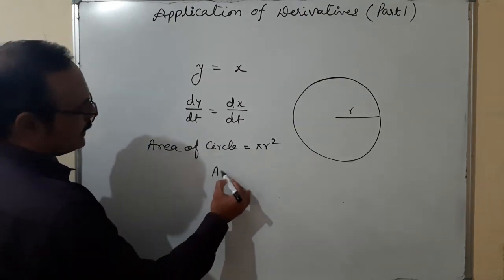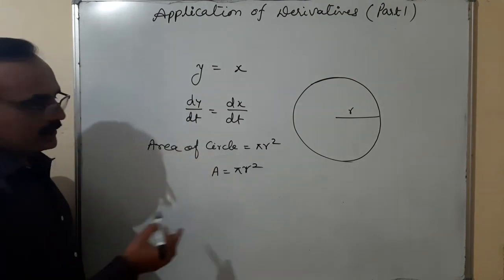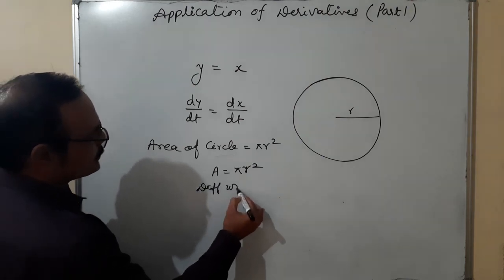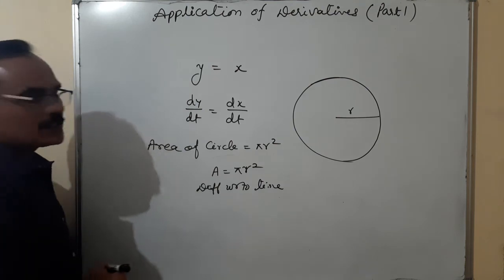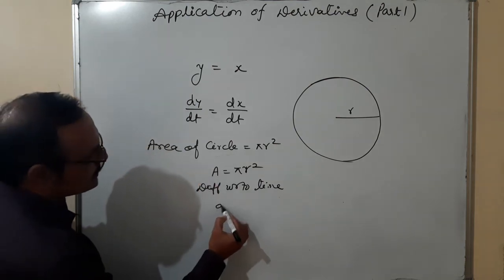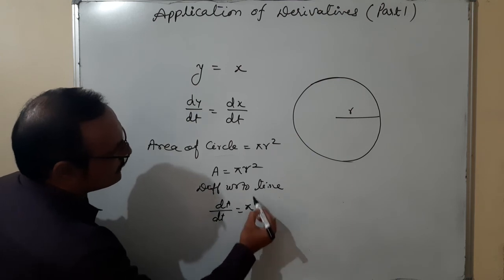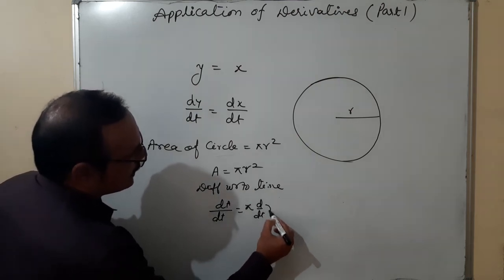So I write here A is equal to pi r square. If I differentiate with respect to time, what is coming? dA upon dt is equal to pi into d(r square) upon dt.